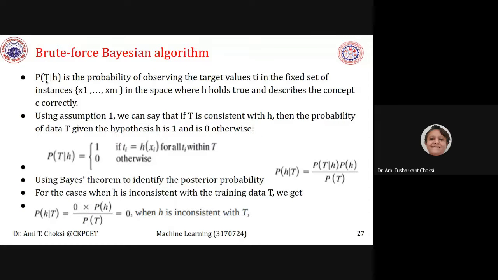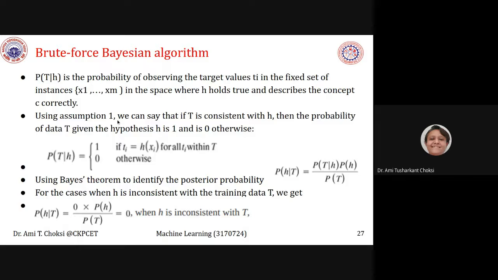Now, P of T by H is the probability of observing the target values Ti in the fixed set of instances x1 up to xn in the space where H holds true and describes the concept C correctly.